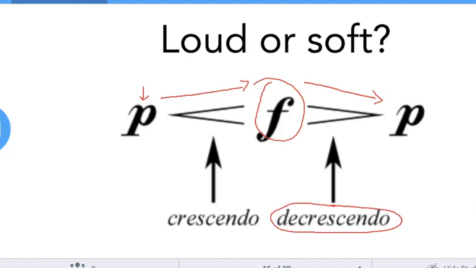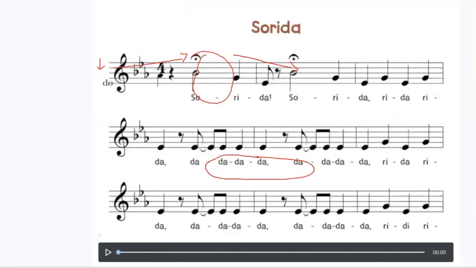Today we're going to be talking about the steady beat versus the rhythm and how those two things are different. As you know, the steady beat never changes. It's kind of like our heartbeat. Put your hand on your chest and be really quiet and see if you can feel your heartbeat. Give me a thumbs up if you can.